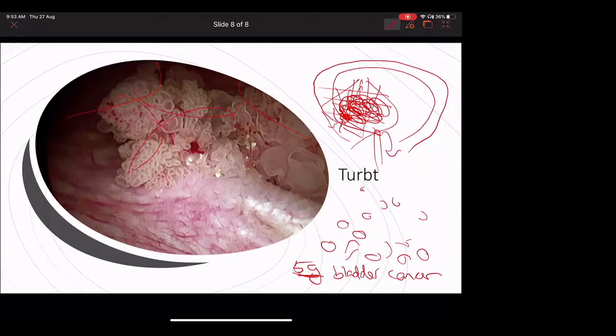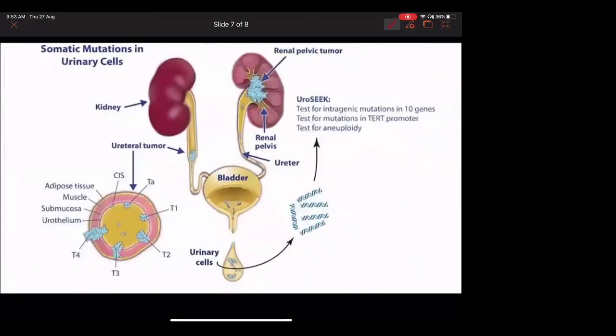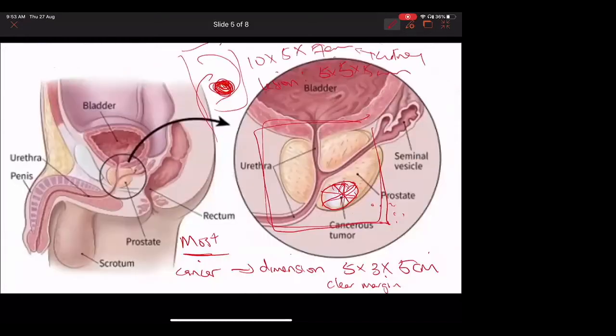Okay, so that is the reason why most of the time you can get some dimensions, but for bladder, you're likely to get a gram weight more than anything else. We can go through in depth on the various types of cancers in the next session and the following session.